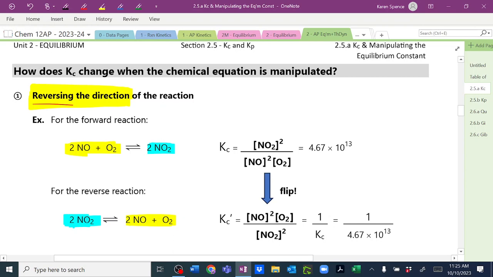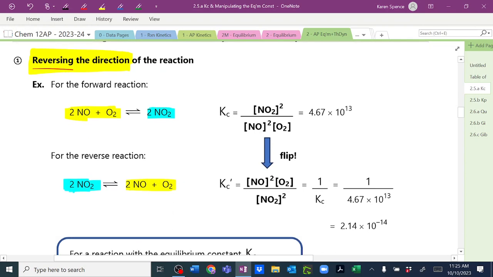Yes, we've just switched the direction. So here NO2 squared is on the top. Here, NO2 squared is on the bottom because we've just switched them. We have NO and O2 on the bottom because they're reactants. Now they're products, so they're going to go on the top.